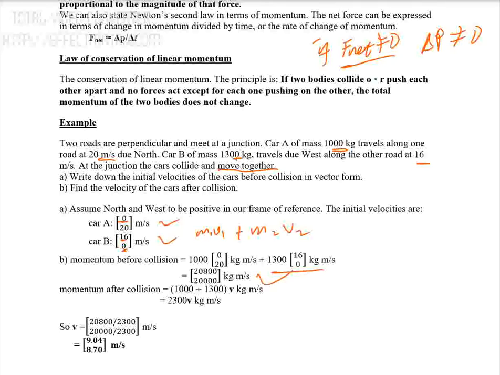And after collision, they move what? Together. That means the final velocity of the two cars is similar. Therefore, after collision, MA V plus MB V is equal to P after. Therefore, V is similar, so you can take V as a common factor. MA plus MB is equal to what?